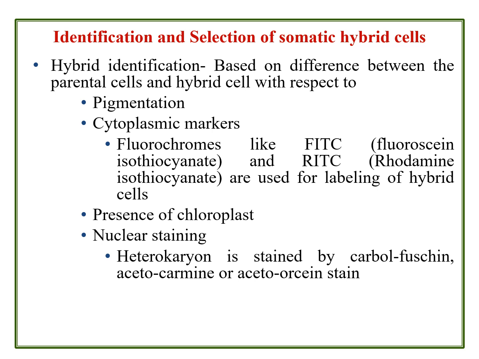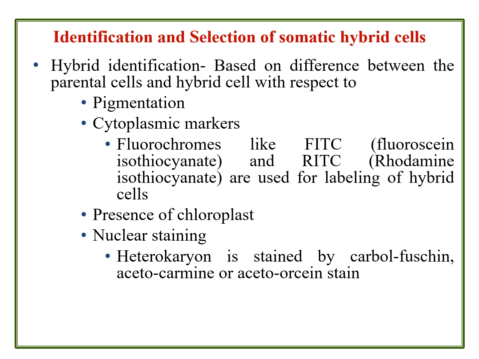Hybrid identification is based on differences between the parental cells and hybrid cells with respect to pigmentation and cytoplasmic markers. Fluorescein isothiocyanate and rhodamine isothiocyanate are used for labeling hybrid cells. The presence of chloroplasts is one good visible marker; they appear light greenish in color.